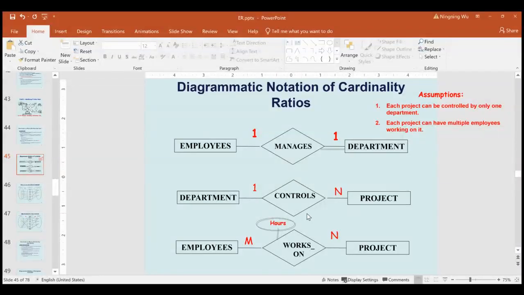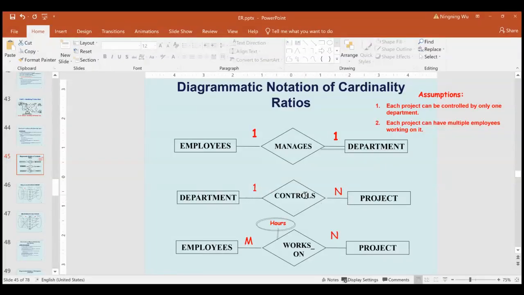For the controls relationship, the N on the project side describes the maximum number of relationship instances that a department can participate in. N means multiple. That indicates a department can control multiple projects. When we're talking about a relationship instance, it relates individual entities of the two participating entity types.